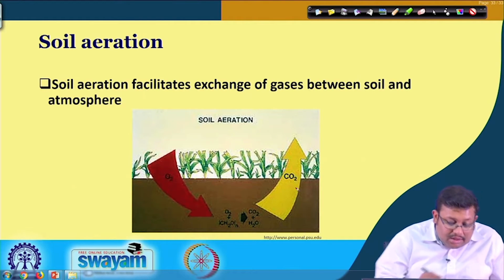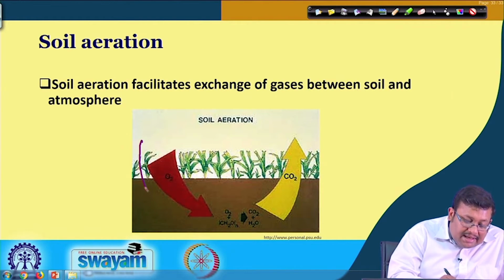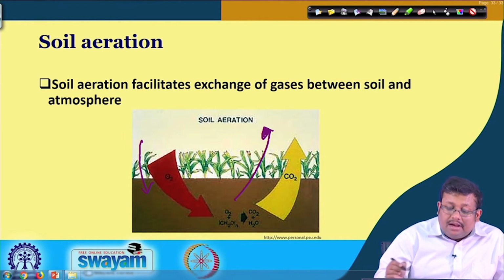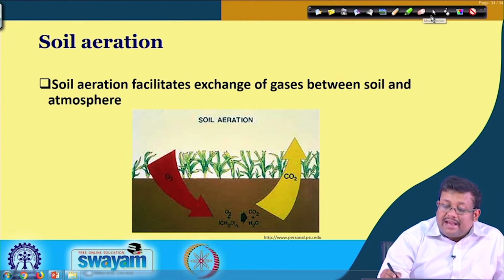As we can see, oxygen enters into the soil and carbon dioxide is released from the soil to the atmospheric air. This exchange of air between the soil and atmosphere is called soil aeration.